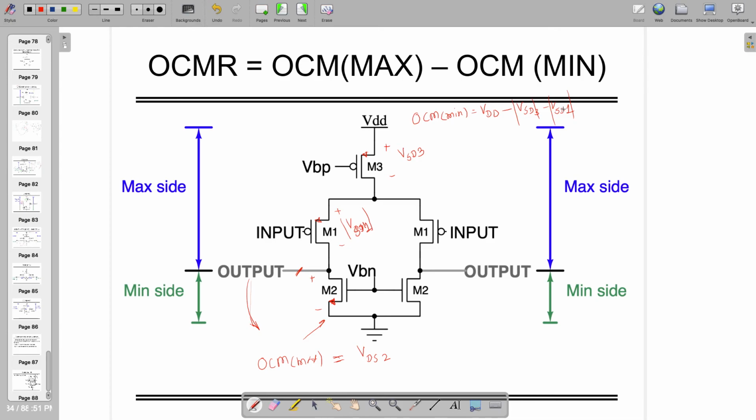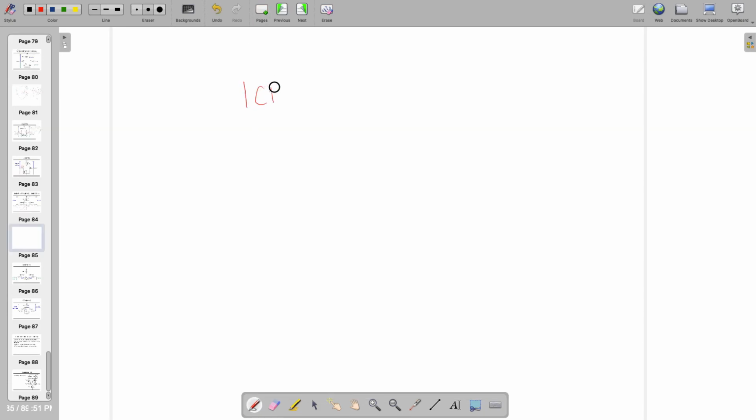And if you are interested in finding out the OCMR or the ICMR, which is the main quantity, then you have to subtract ICM max minus ICM min. Similarly, for this case, it has to be subtracted from OCM max minus OCM min.